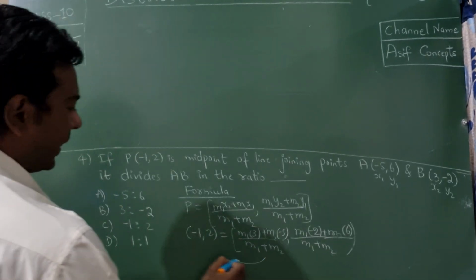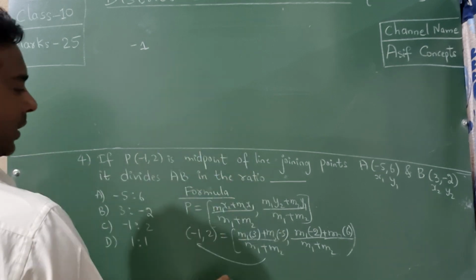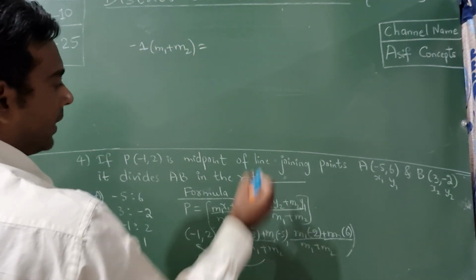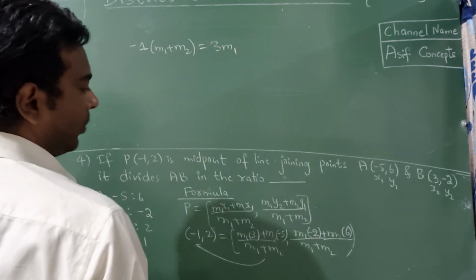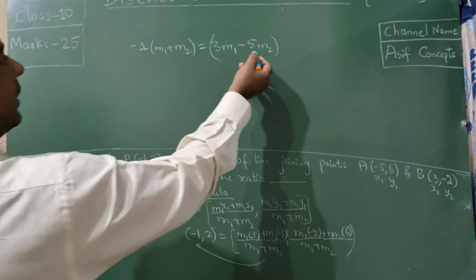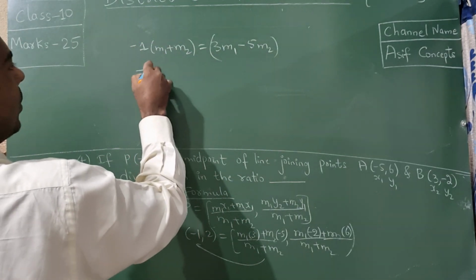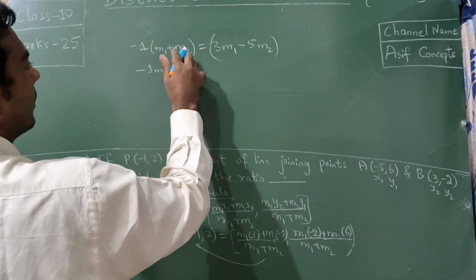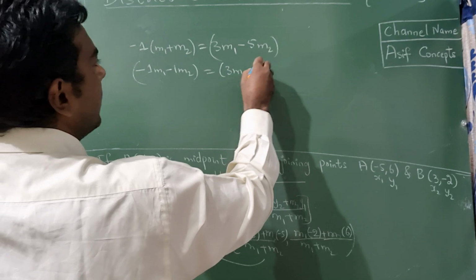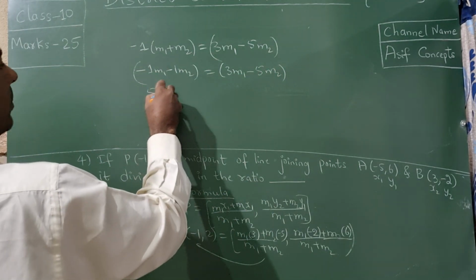Now I am going to equate this term. So that is minus 1 into m1 plus m2, and I am going to write here 3m1 plus into minus is minus 5m2. Take this minus, first let me write, multiply this 1m1 minus 1m2 and 3m1 minus 5m2. Take this minus 5m2 on the left hand side, it will become plus.